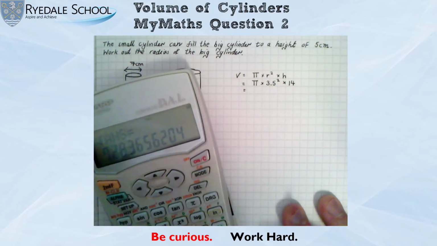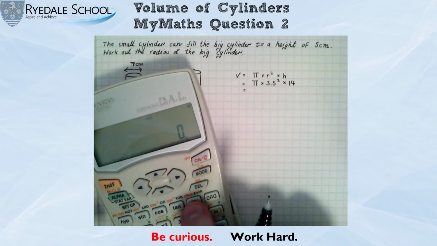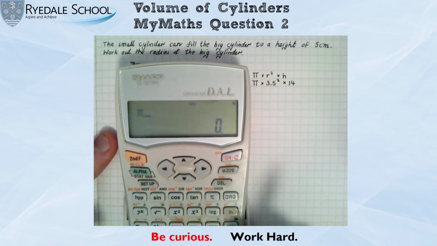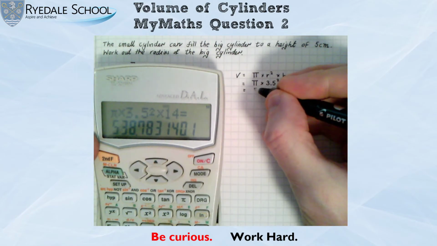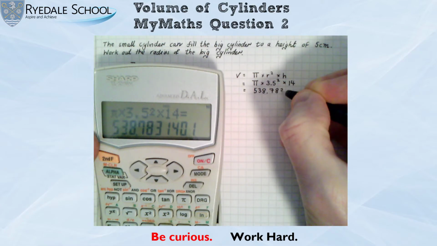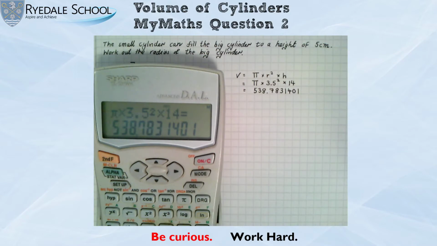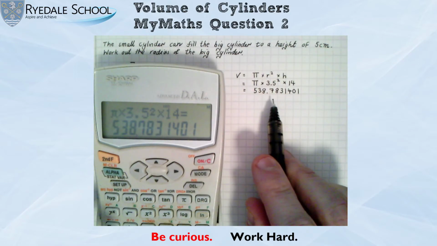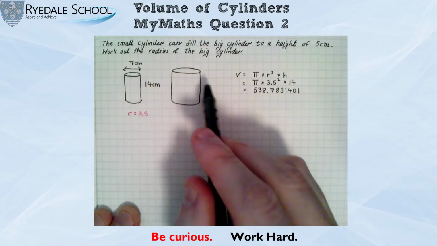I will write down the full horrid decimal, just in case I knock it off my calculator in a minute. So it's pi button times 3.5 squared times 14. That gives me a wonderful answer of 538.7831401. And like I say, that will be the volume when I pour it into this new shape.